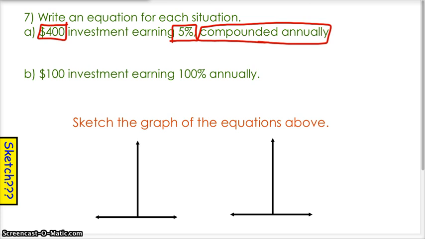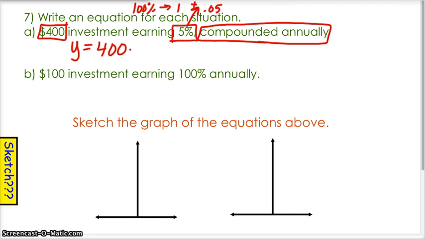Let's write our equations. We know that A is going to be the $400. We need to multiply that by 100% plus the 5%, and it needs to be written in a decimal. So we'll have 5% written as 0.05, and we'll add that to 100%, written as a decimal, is 1.